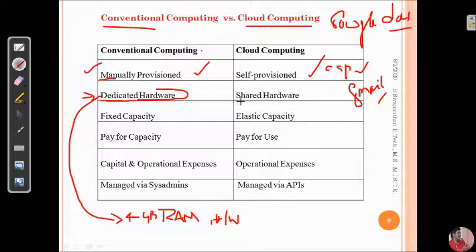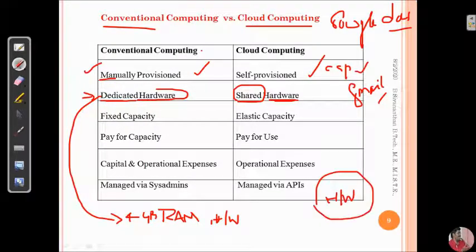But in the case of cloud computing, whatever hardware I avail through cloud computing is shared. For example, the CSP has a set of hardware resources as a pool.